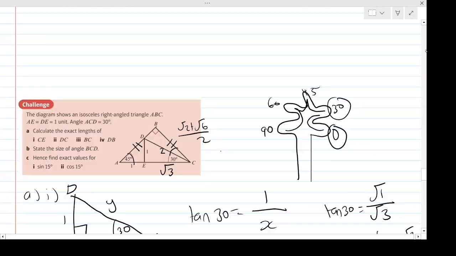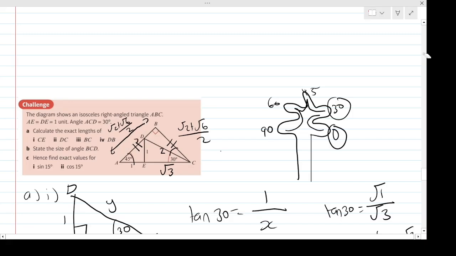AB overall is root 2 plus root 6 over 2 as well. So then we need to find DB. Well, we can find DB by just taking this overall AB, this nasty fraction, from AD.